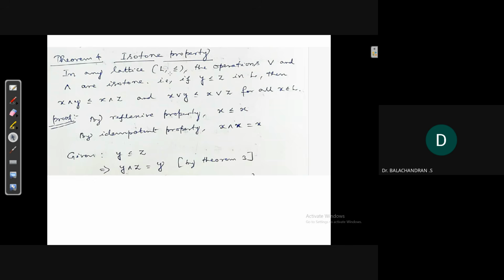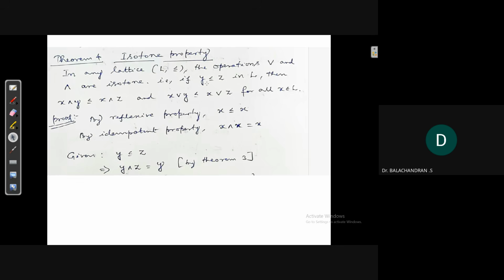Sometimes they will ask to state and prove the isotone property, so you should remember the statement also. In any lattice L with less than or equal to, the operations and and or are isotone. That is what they mean.